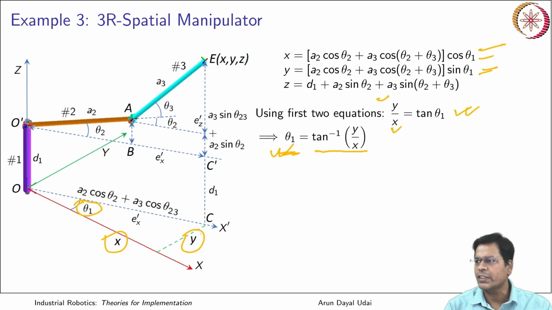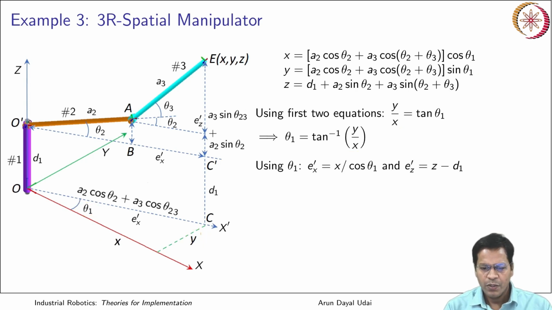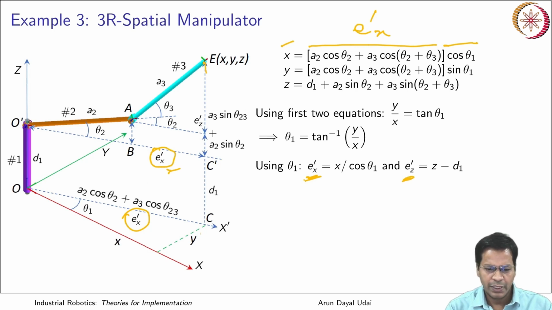Once theta 1 is obtained, you can obtain X dash. So what is my X dash? X dash is simply X by cosine theta 1. This is your X dash, which is marked in this also. Again, Z dash.